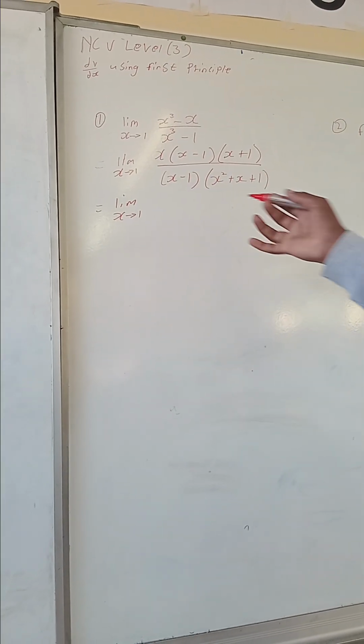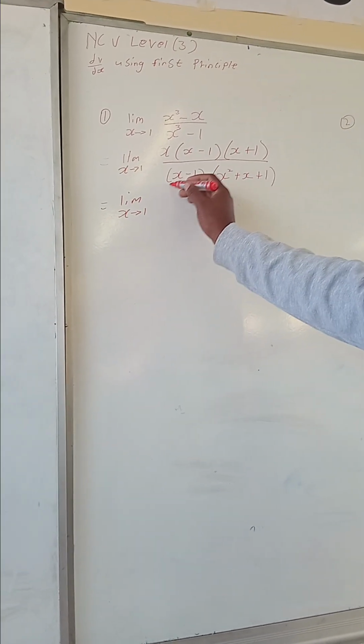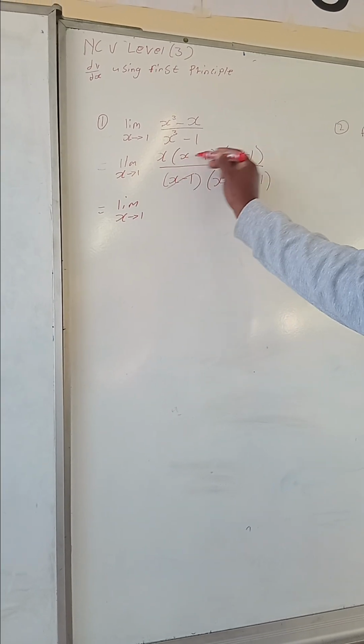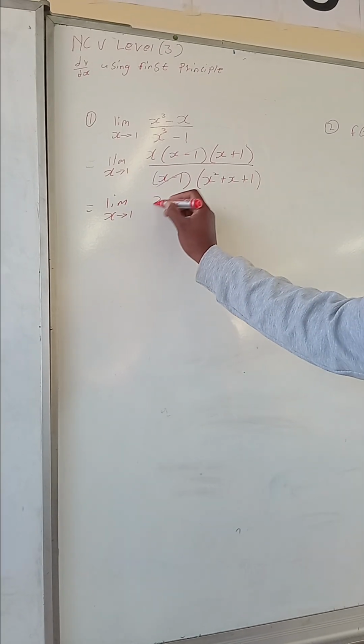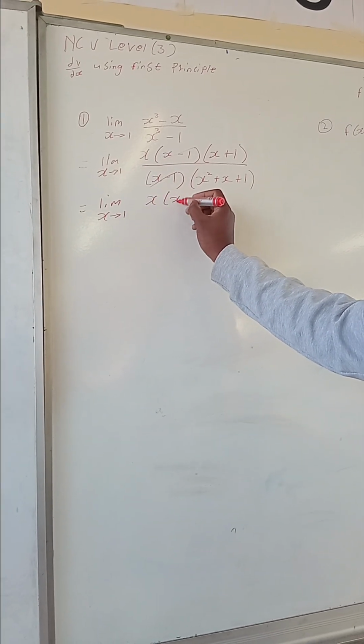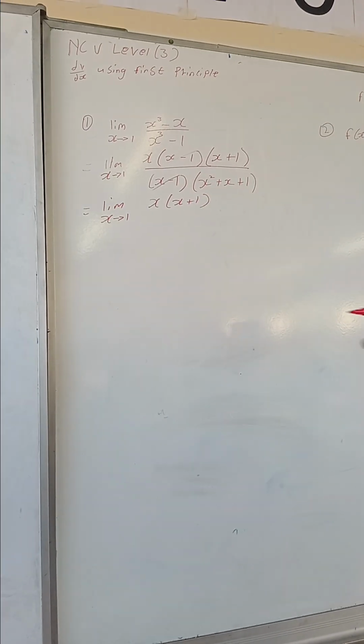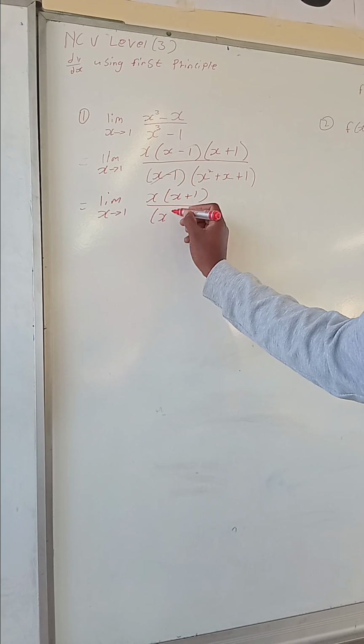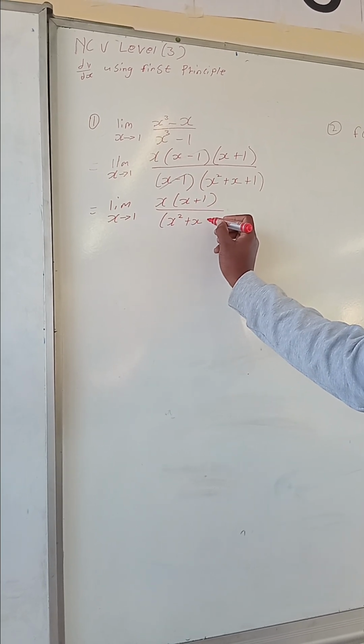As you can see, if we try to simplify, x minus 1 and x minus 1 will cancel one another. Then in the numerator, we're left with x plus 1. Then on the denominator, we're left with x squared plus x plus 1.